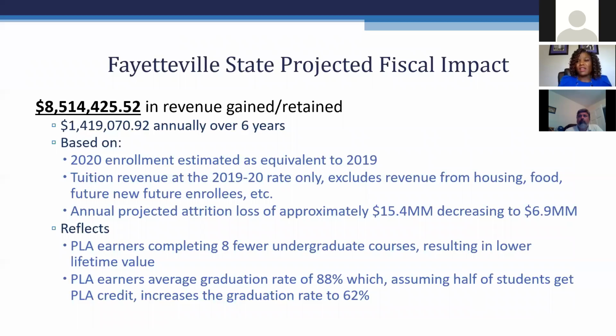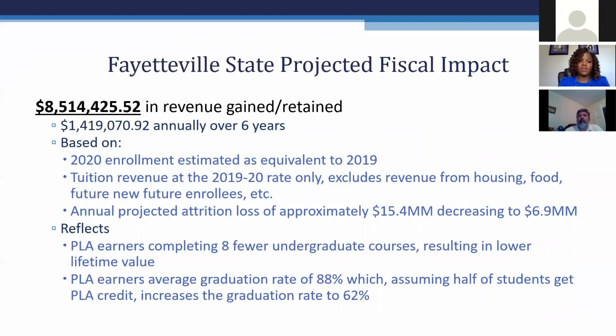This is based on a couple of assumptions, right? So assuming that the 2020 enrollment numbers are the same as 2019, it also excludes any non-tuition revenues. It doesn't include housing, food. It also doesn't include future enrollees. But with PLA earners having an average graduation rate of 88%, if half of the students earn PLA credit, it would increase the average graduation rate of the university to about 62%.